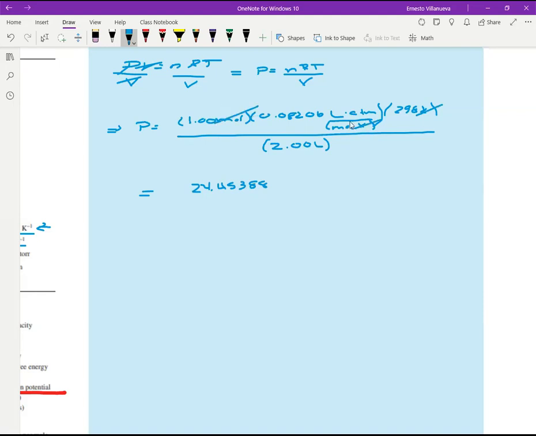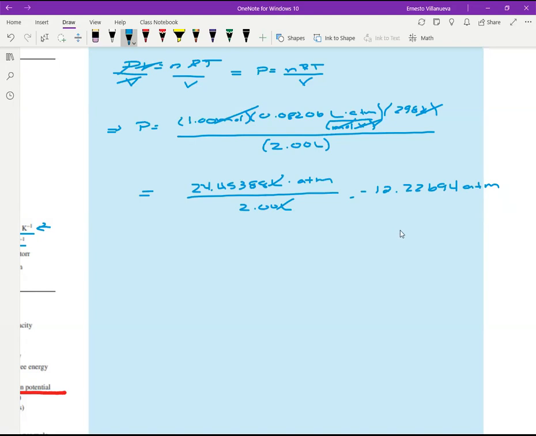Moles are going to cancel here. The only units left are going to be liters times atmospheres, divided by 2.0 liters. Now I'm going to divide that. Once I divide it, my liters are going to cancel, and my answer is going to be in atmospheres. So it's going to be 12.22694, and my only unit left is atmospheres.